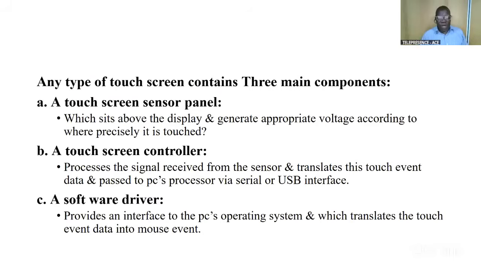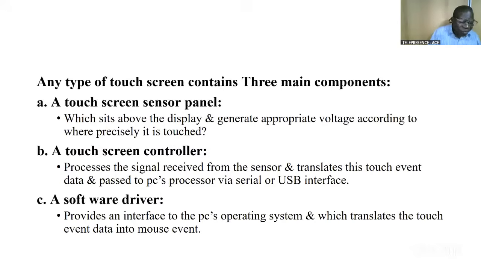Any type of touch screen contains three main components. One, a touchscreen sensor panel, which sits above the display to generate appropriate voltage according to where precisely it is touched.